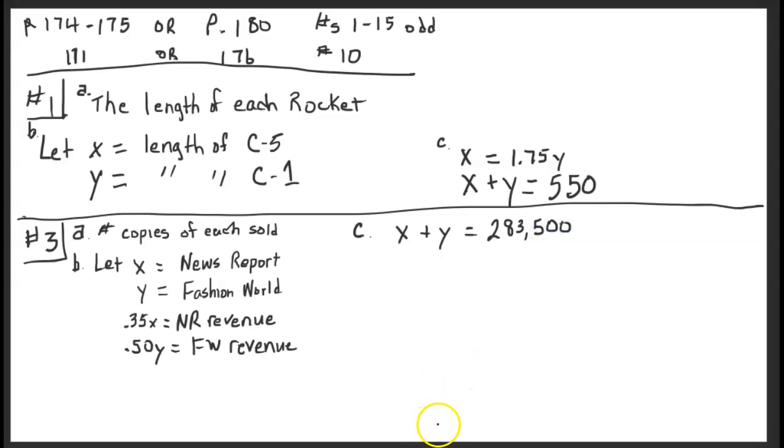Okay? So there we translated that first part of that sentence into the math. And the receipts were $104,550. So something equals 104,550.